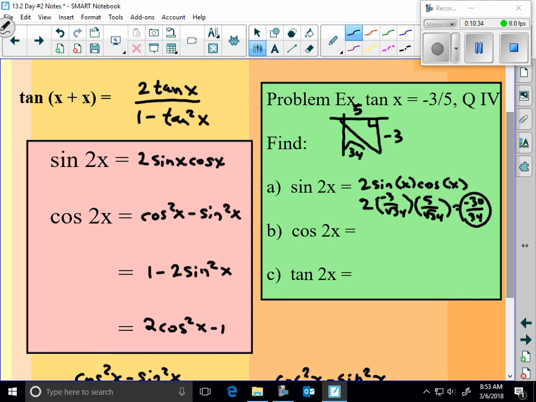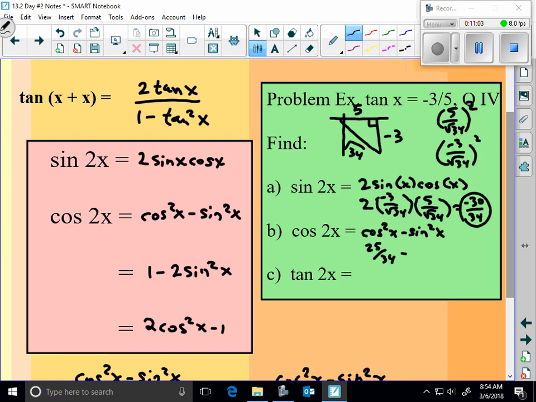Okay, how about cosine 2x? That'd be cosine squared x minus sine squared x. Well, what is cosine x? Cosine x is 5 over root 34. I'm going to square that, so that's my cosine squared. That's 25 over 34. Minus, what's sine? Sine is negative 3 over root 34.